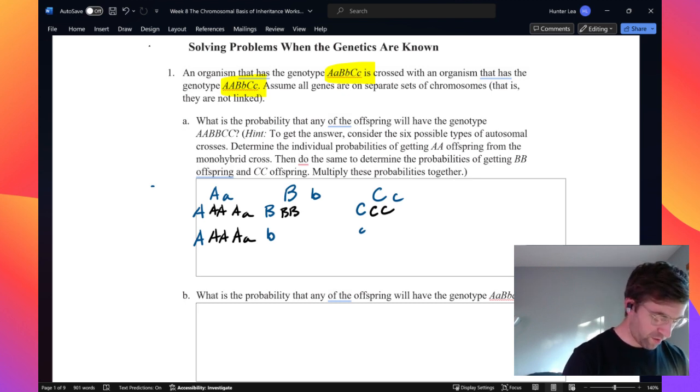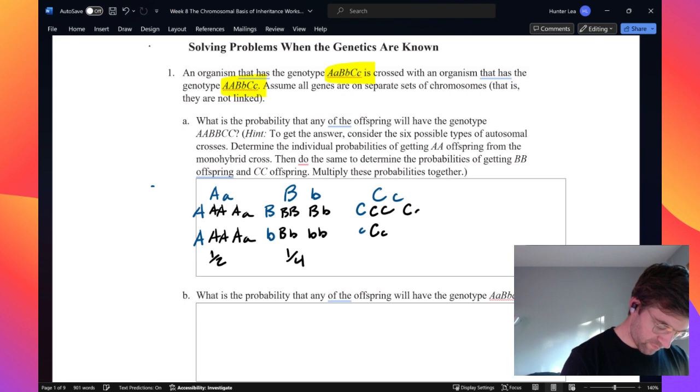So it occurs 2 in 4 times, so 1/2, 50% of the times for the A gene, 1 in 4 for the B gene, and 1 in 4 for the C gene.